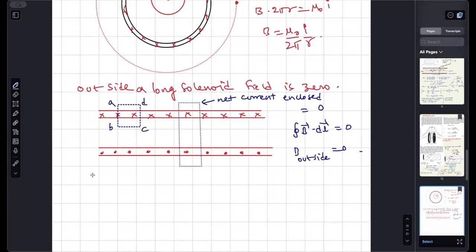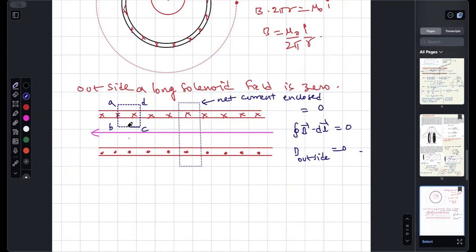Okay. Now, what is the direction of the magnetic field inside? Right hand grip rule. So inside, if there exists a magnetic field, the direction will be this.